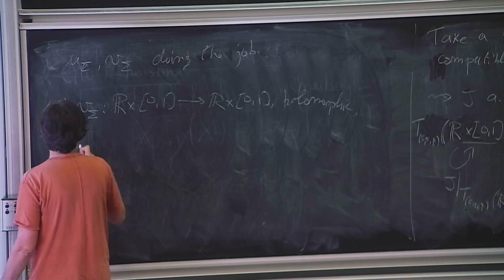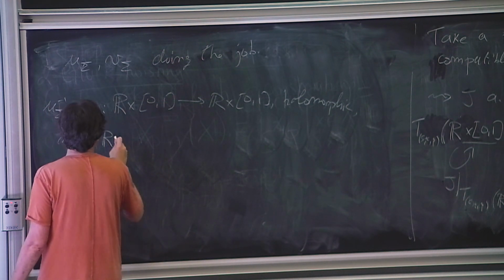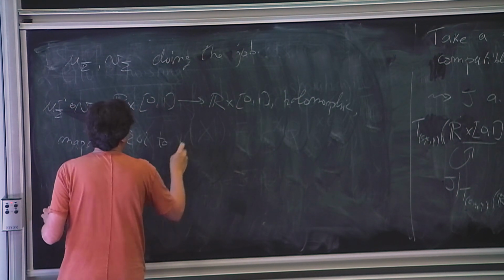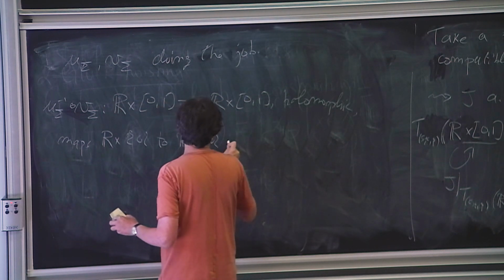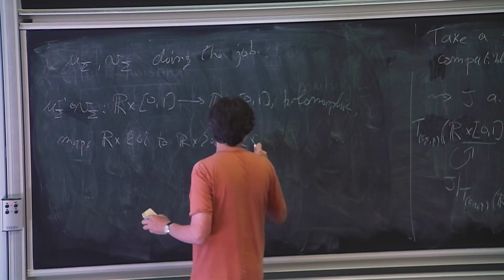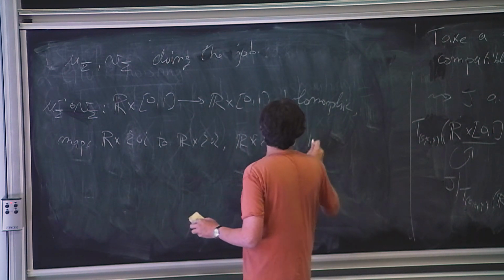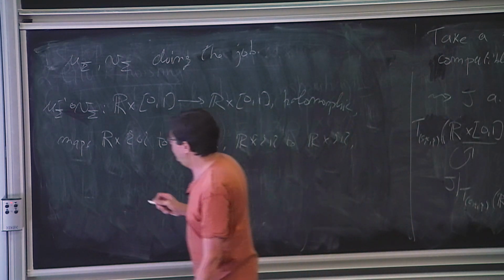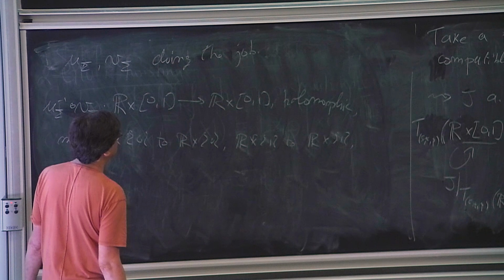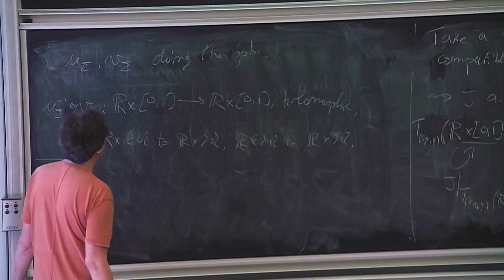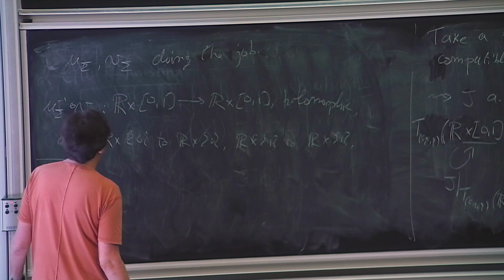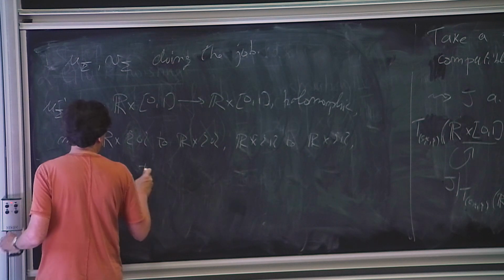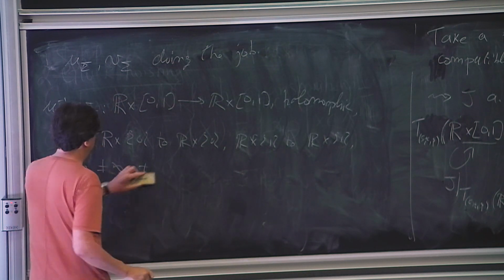maps R times 0 to R times 0 and R times 1 to R times 1, and let's say maps minus infinity to minus infinity, and plus infinity to plus infinity.